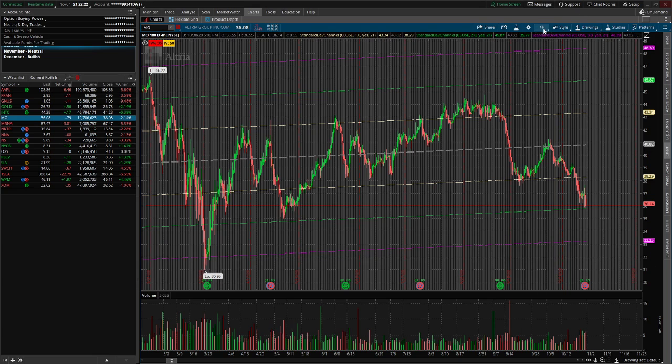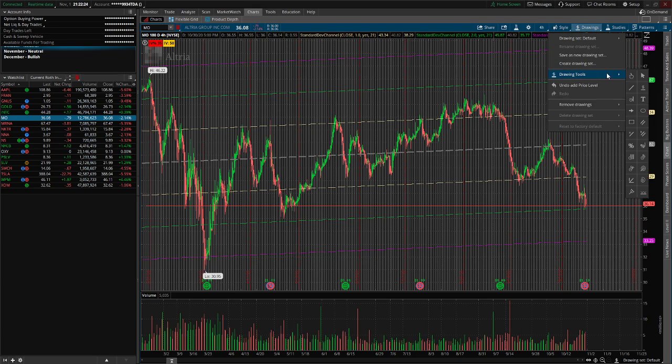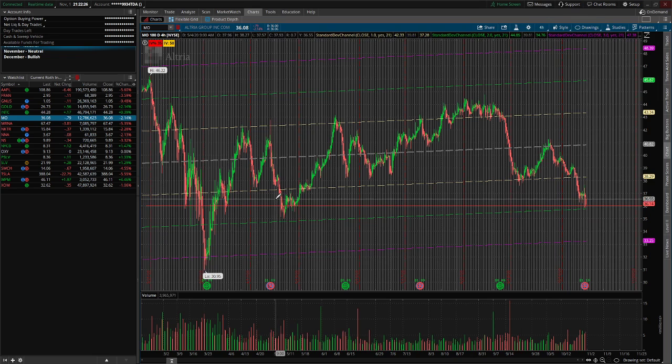That gives me a section right here of some support. Even this one could be considered support, and this one. So I think we're at a pretty good support level for this particular stock.